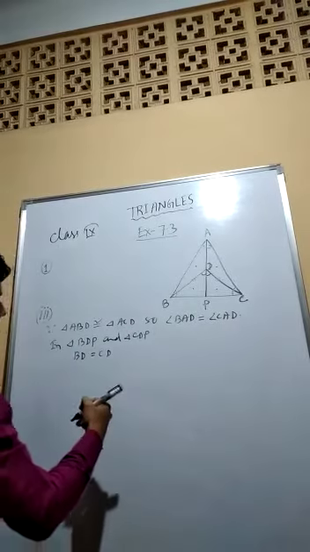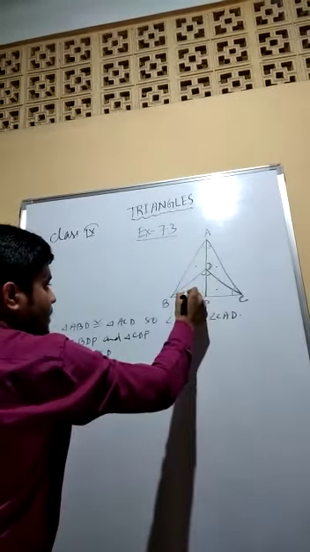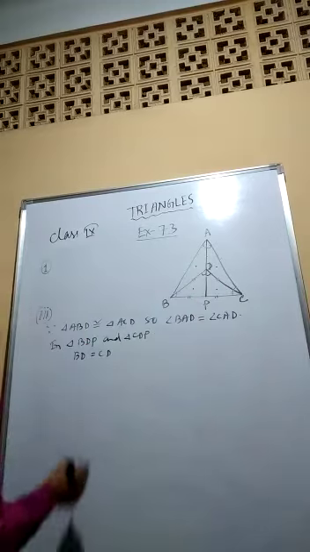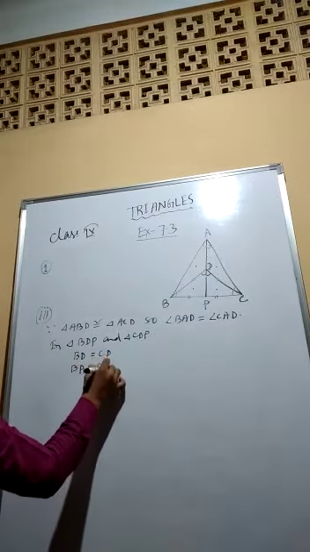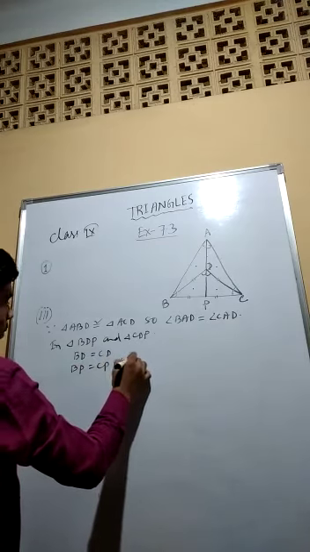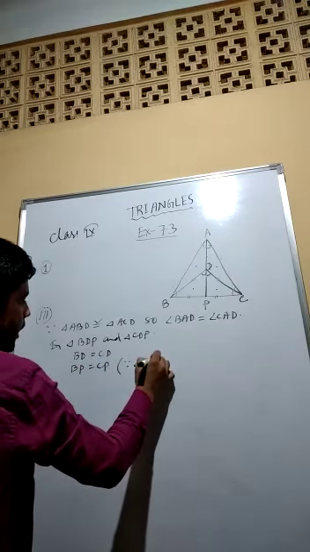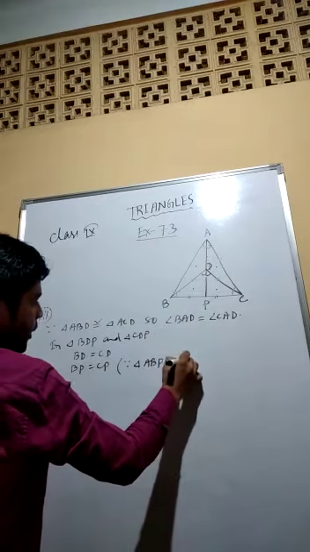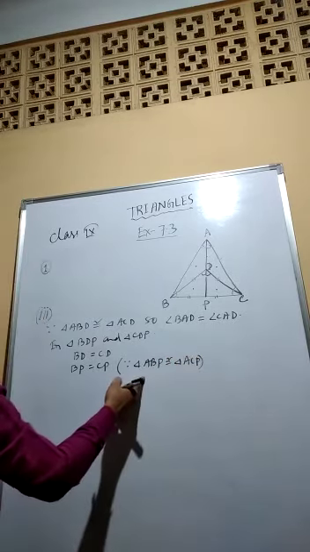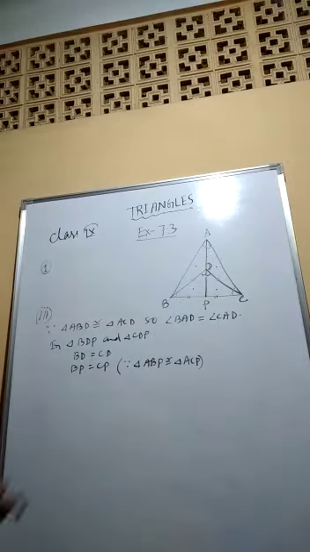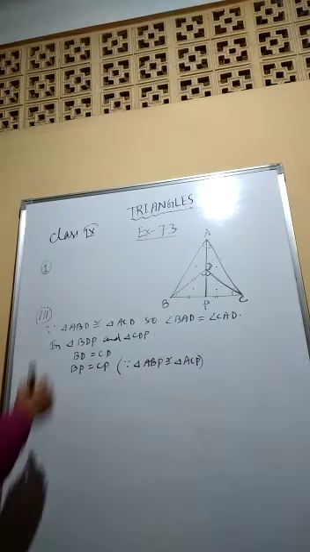I have written that BD equals CD, and is this side equal to this side or not? Check that BP equals CP. Why? If reason is required, since triangle ABP is congruent to triangle ACP, these two are congruent, so this side is equal to this side also. You have proved this one in Roman 2.